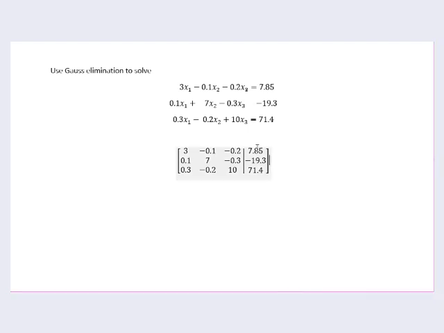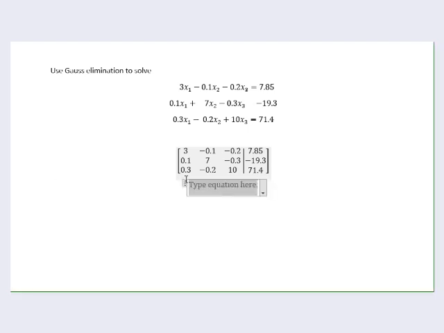Please don't change signs, don't do anything. We are just augmenting them to have this matrix. Now that's the first row, second row, third row. I'll call them R1, R2, R3. What we are going to do now is get zeros below the diagonal. We keep the diagonal as it is, and we start with the first column.